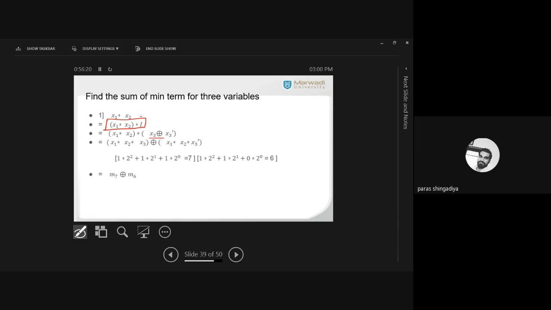Clear, because x1 x2 are already given, so which is missing, x3 is missing, therefore we'll add x3. क्लियर, जो भी मिसिंग वेरिएबल है उसको सिर्फ वहां पे ऐड करना.